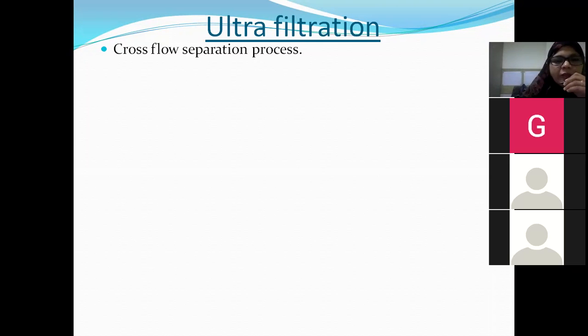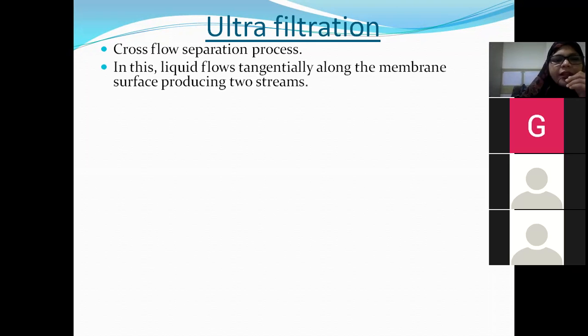So cross flow separation process. In this, liquid flows tangentially along the membrane surface producing two streams. Which streams come out of it, tell me? When the liquid flows tangentially along the membrane, what are the two things we get? We call it two streams. What are they?